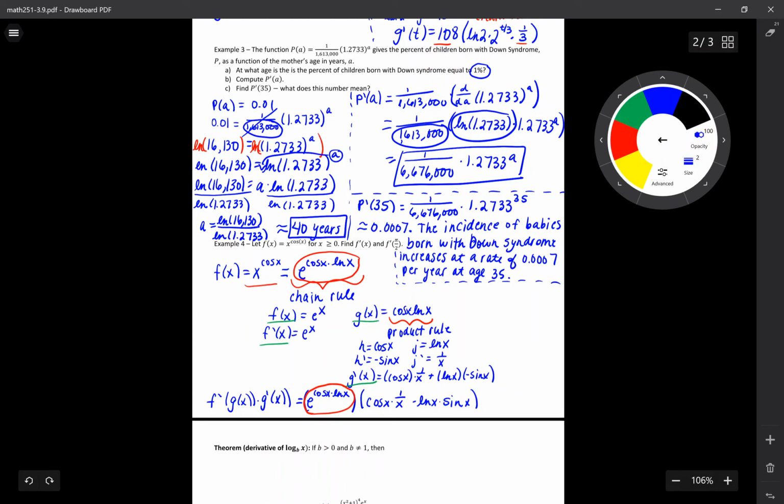So I can rewrite this as x to the power of cosine x times cosine x over x minus natural log of x times sine x. So this is our derivative here. Since e to the power of cosine x times natural log of x is equal to x to the power of cosine x, I can replace it in our expression.